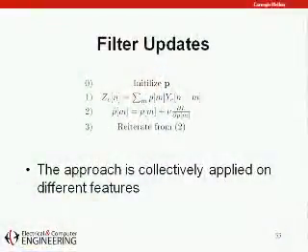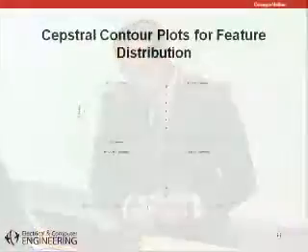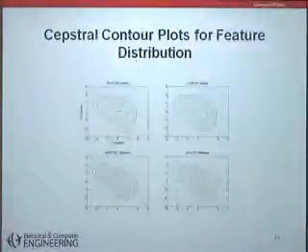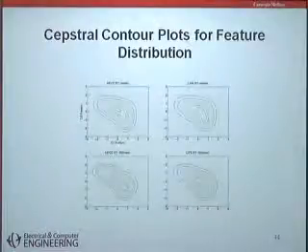Okay, as I said before, I'll skip details here, but I set up a log likelihood maximization criterion and do a gradient ascent from there, and the approach is applied on different cepstral features. Before doing speech recognition experiments, I'd like to see how the method is working. On the left panel is a cepstral scatter plot, with C1 on the x-axis and C2 on the y-axis.